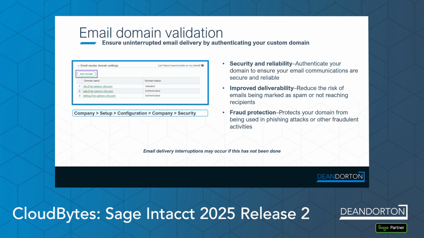But this is essentially getting your domain into the Intacct system, to help ensure that your emails that go out are better received. It helps improve email deliverability and reduces the chance your messages are going to be marked as spam or not reach your recipients. It is something, though, that does need to be done. So if you have any questions about it, please do reach out to us.